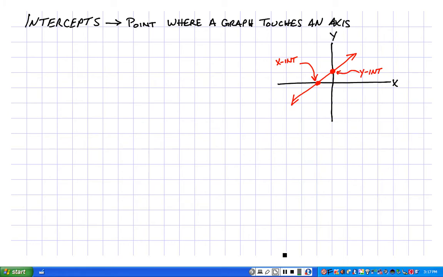So when we want to use this particular method for graphing a linear equation, the first thing is we want to get it in what we call standard form: Ax plus By equals C. Again, this is known as standard form.